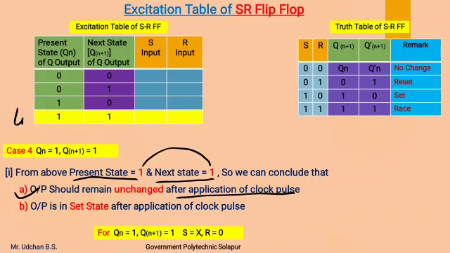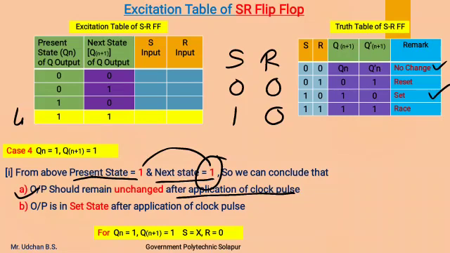So we can consider the no change state of the output, for which the value of S and R are 0 0. After that the next state is having value of 1, therefore we can say that output is in set state, for which the value of S and R are 1 and 0.